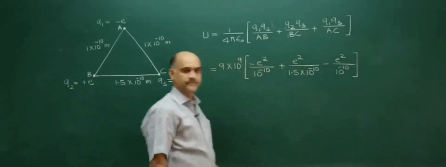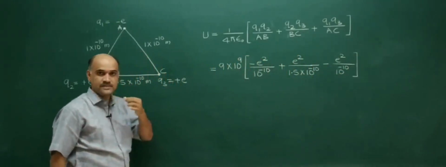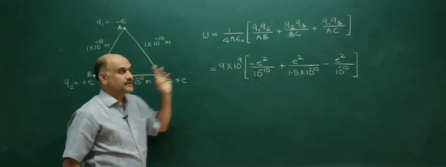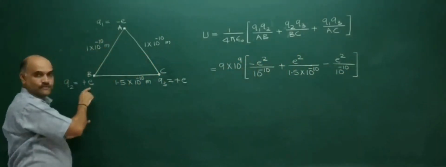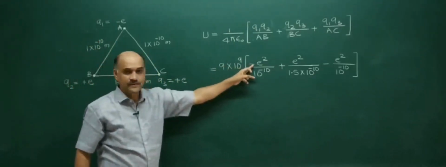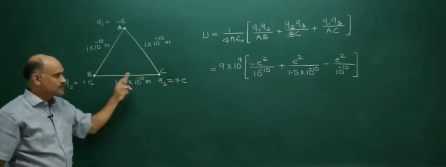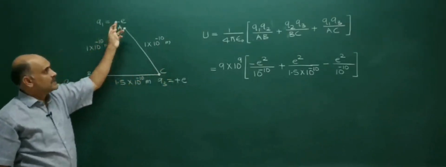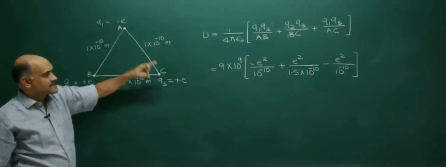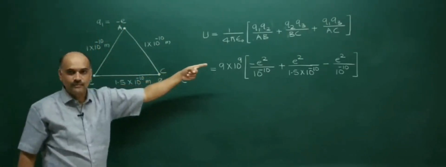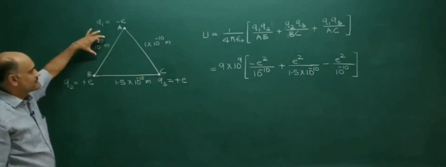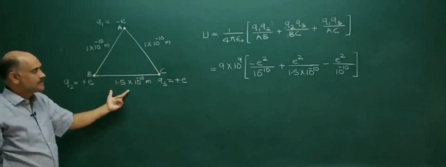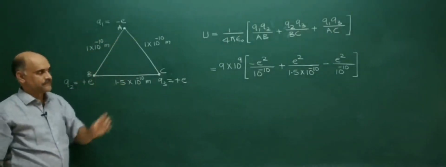That is clear, students? So this is Q1 into Q2, minus e into plus e, minus e square. Q2 into Q3, e into e, plus e square. Q1 into Q3, minus e into plus e, again minus e square, divided by these lengths AB, BC, AC.